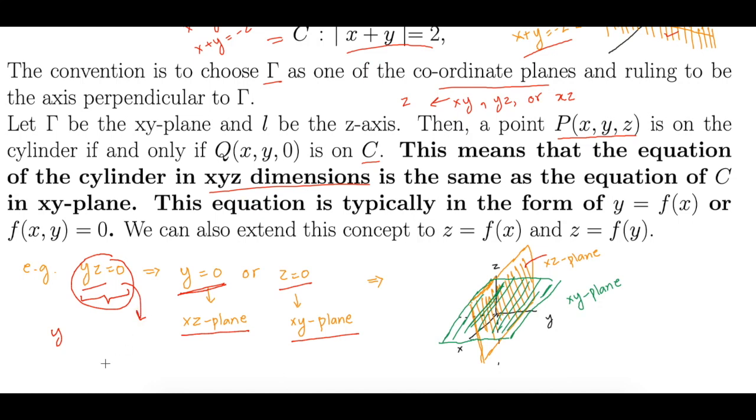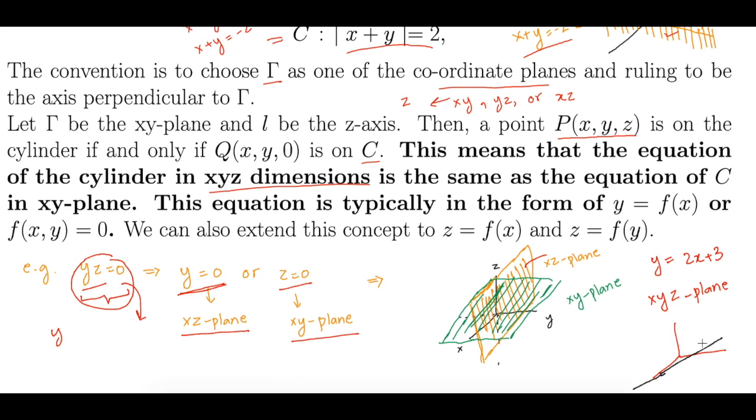The point we want to make is that even if we have, let's say, y equals 2x plus 3 and we want to draw it in xyz space, y equals 2x plus 3 is a straight line, correct? Without going into how to draw this straight line, let's say that this is that straight line.